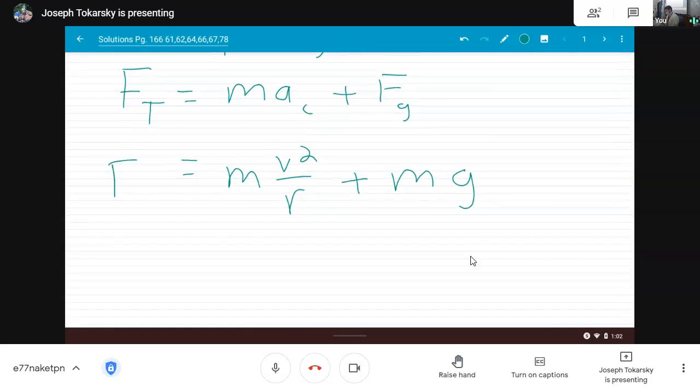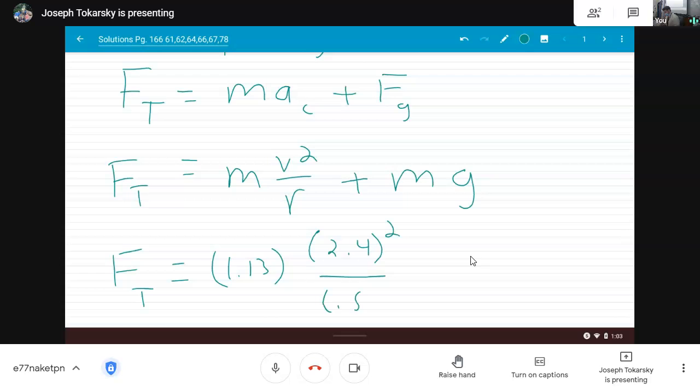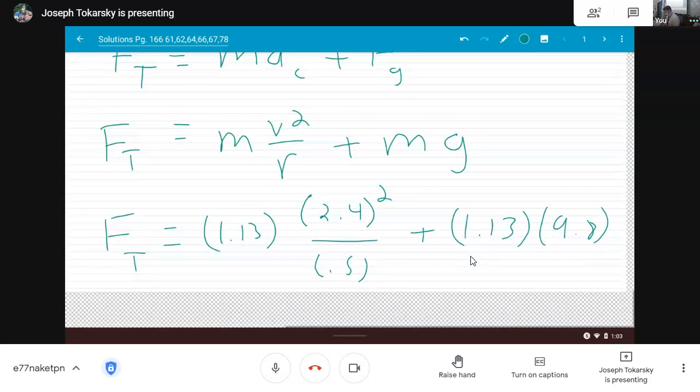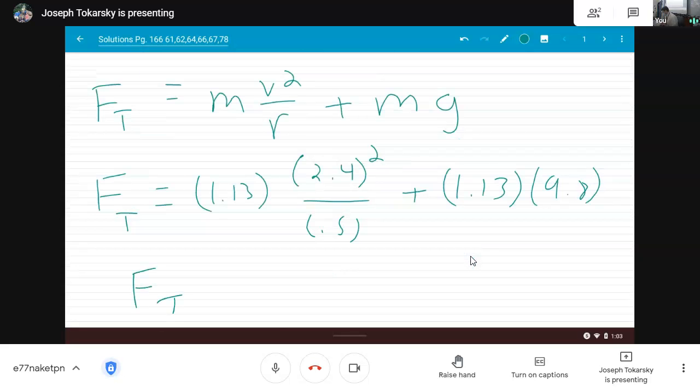Plug in all that, that'll give us our tension. So 1.13 times 2.4 squared divided by 0.5 plus 1.13 times 9.8. Run all those numbers correctly, and we should get something close to 24 newtons.